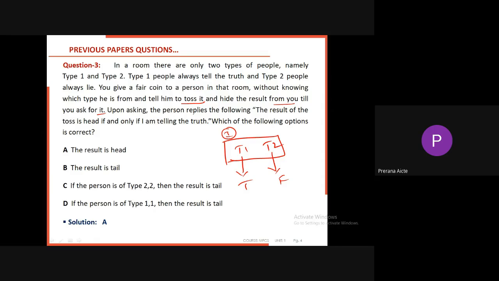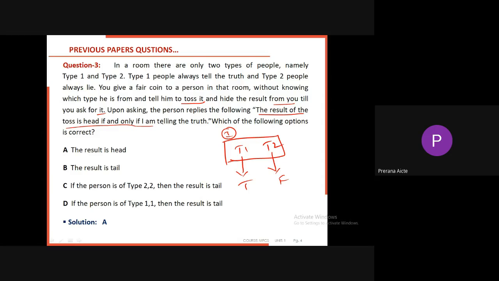Upon asking, the person replies the following. Now the tossing process is completed and he has some result with him. We ask that particular person, and he replies like this: the result of the toss is head if and only if I am telling the truth. Observe this statement, it is a little bit confusing.